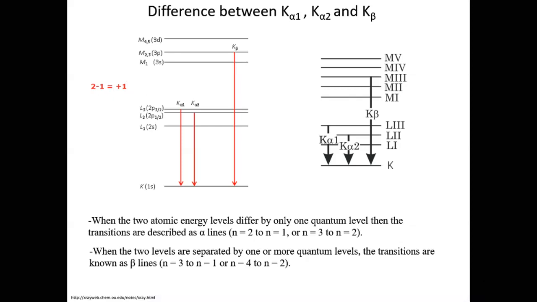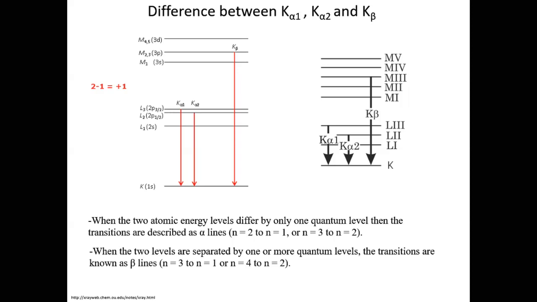So alpha means that there's a difference of 1 in the principal quantum number. So 2p to 1s. Remember that the second energy level has a 2s orbital and a 2p orbital, and that the 2p is higher in energy than the 2s.